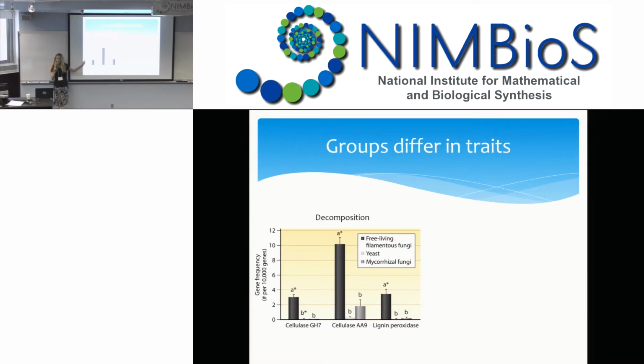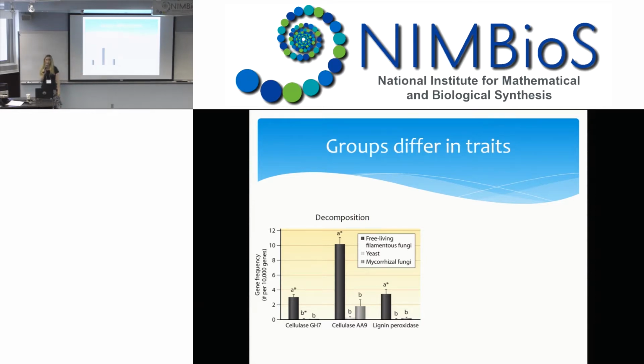What you can see here is that the free-living filamentous fungi in each case really stood out in terms of their genetic composition for breaking down cellulose, crystalline cellulose, and lignin. Each of these three things. If you look at the yeasts, they're lightweights.